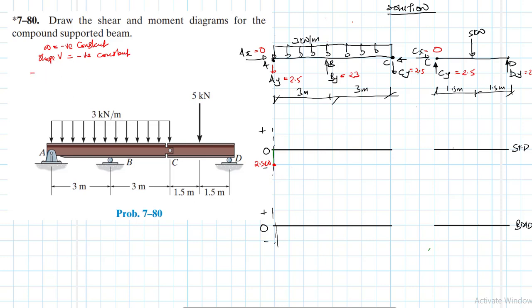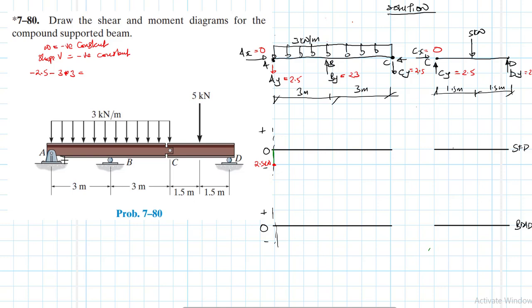So from minus 2.5, we need to be mindful this value is minus. So we are going to again subtract it, so these are going to be adding since they have the same sign: minus 3 times, because the distributed force is also negative, 3 times 3 in that interval. So what does this give us?